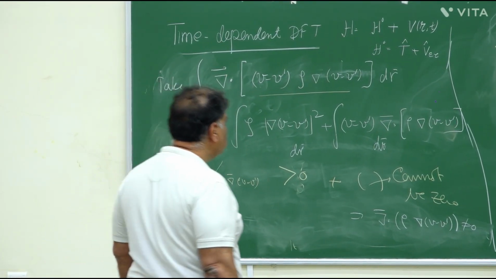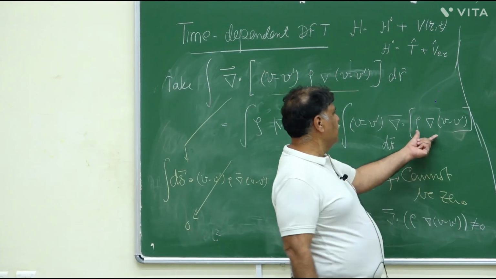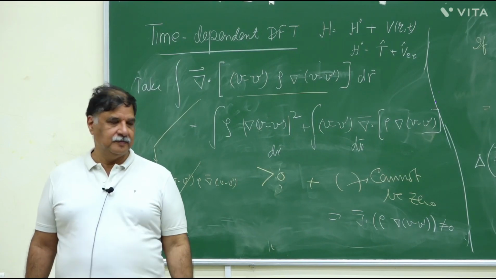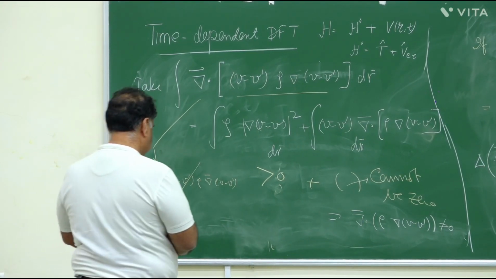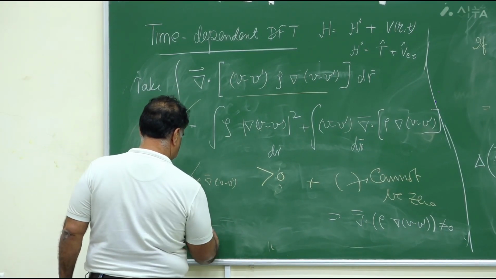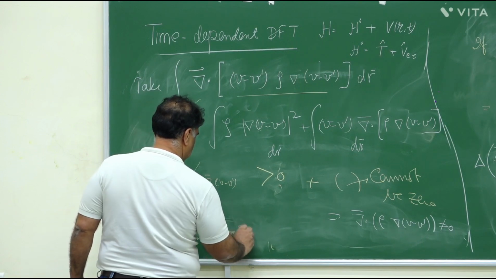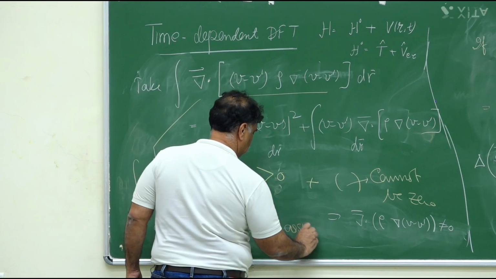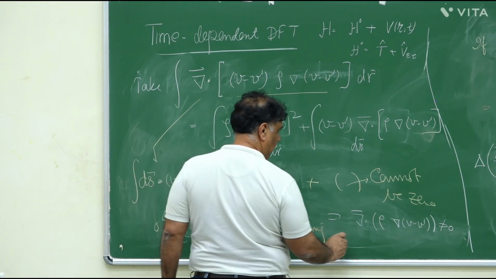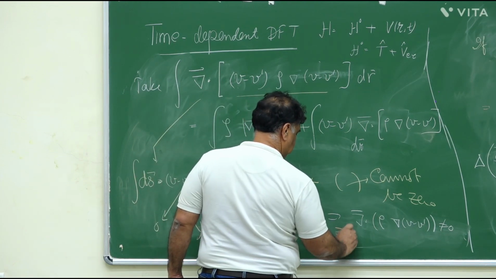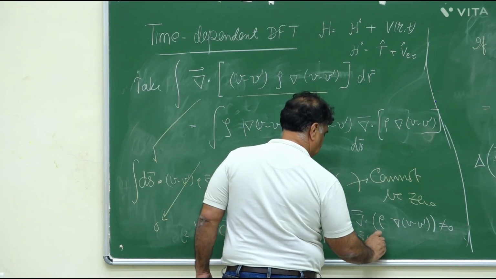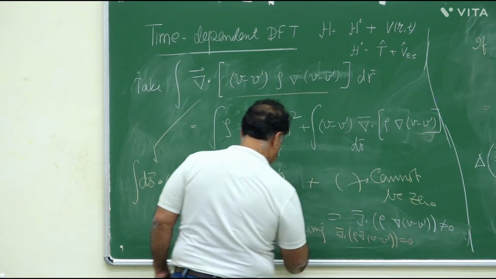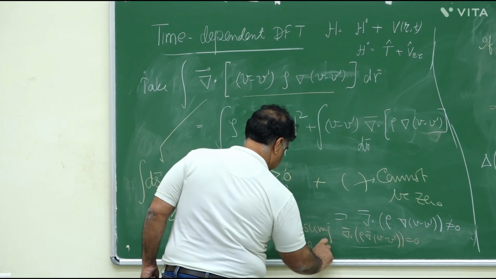You can go the other way. Assume that this is 0, then you show a contradiction. So the same argument follows. You can also start by assuming divergence of ρ grad of (V minus V prime) is equal to 0 and show a contradiction.